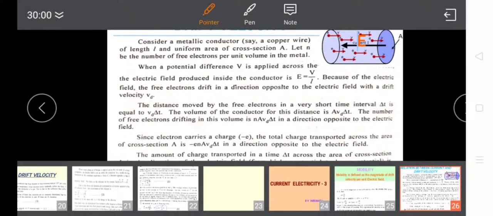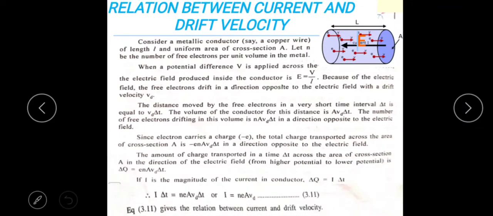How did we get this expression? We know the definition of velocity: velocity is equal to distance covered by time. Then distance is equal to velocity into time. So from this basic concept we can define this.